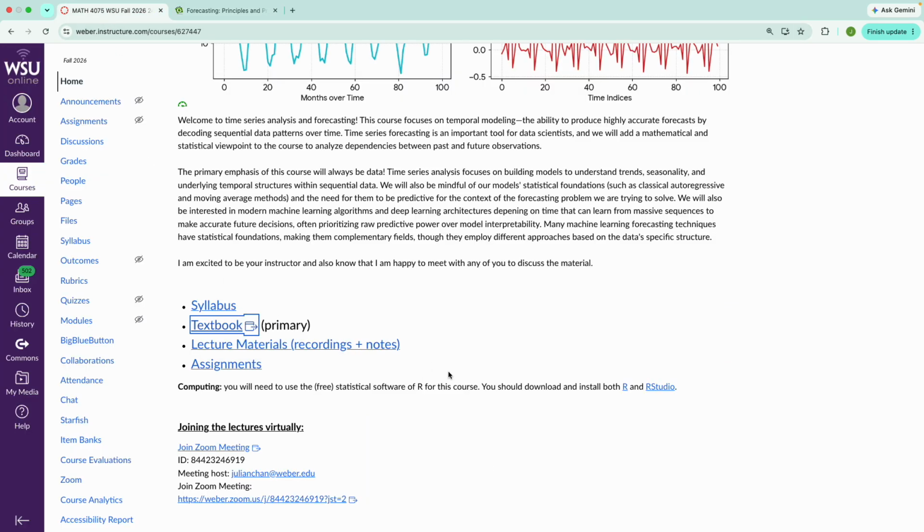Since you will need R, I'll ask that you download and install both R and RStudio. You don't have to use RStudio, but that's a common IDE that people use. You can use a different IDE if you want for R. So you'll need to have that set up and installed.